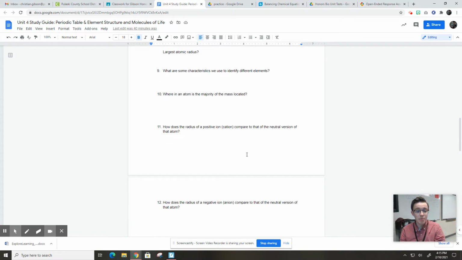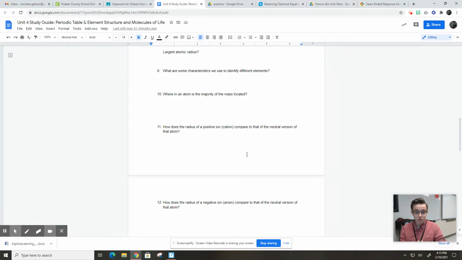Okay. Number 11, how does the radius of a positive ion, or a cation, compare to that of the neutral version of the atom? When an atom has become a positive ion, that means it has lost an electron, which is kind of backwards. You don't think of losing making something positive, but in this case, remember, electrons are negative.